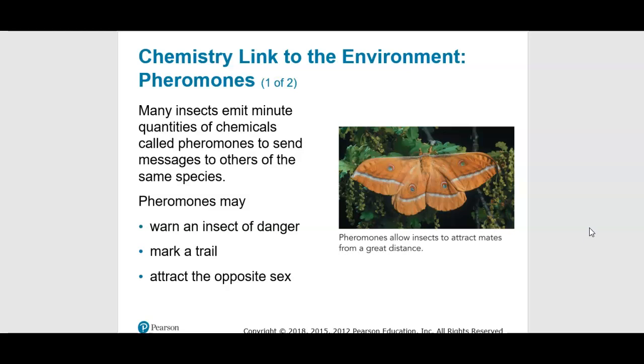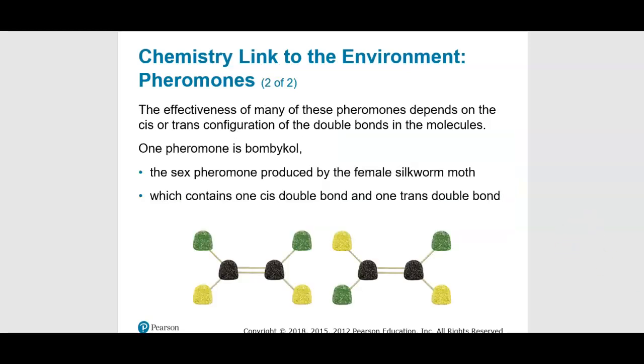So, also in the real world, you have these pheromones, and one of these pheromones is bombykol, and they say it's a sex pheromone produced by a female silkworm moth. It contains one cis double bond and one trans double bond.